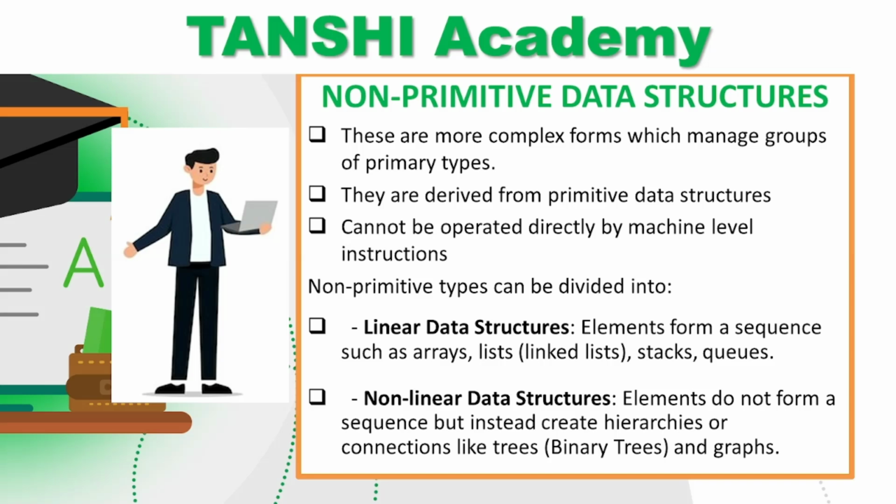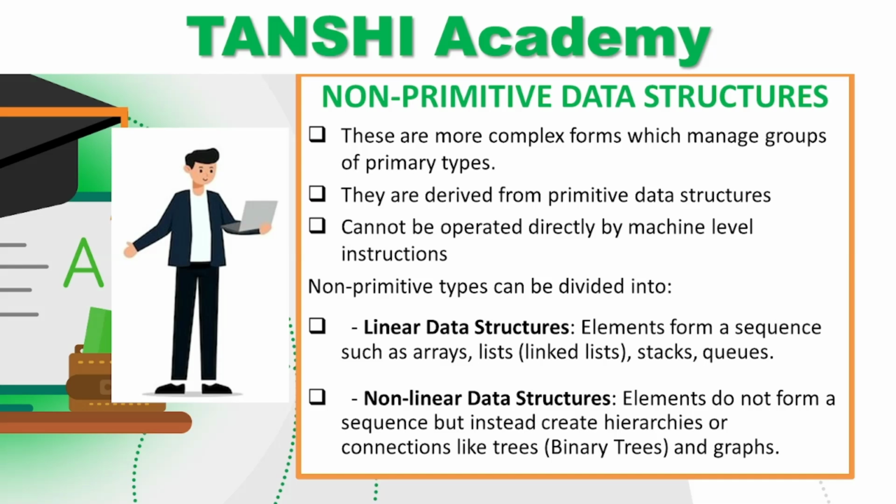Non-primitive types can be divided into two, as I mentioned in the diagram: linear data structures and non-linear data structures. Linear data structures have different forms, and they arrange data in a sequence. For example, we have arrays, lists, linked lists, stacks, and queues. Those are examples of sequence. They organize the data in sequence.